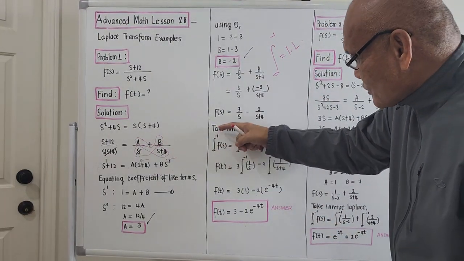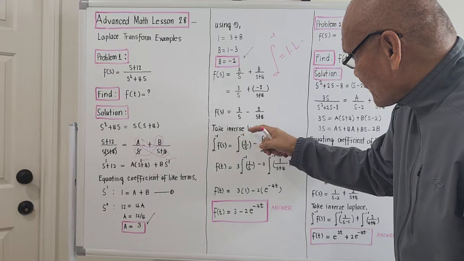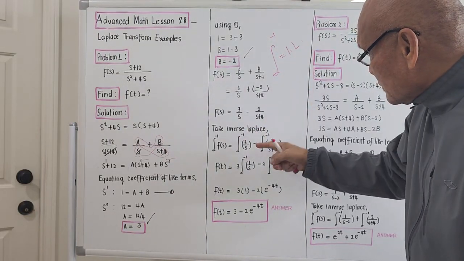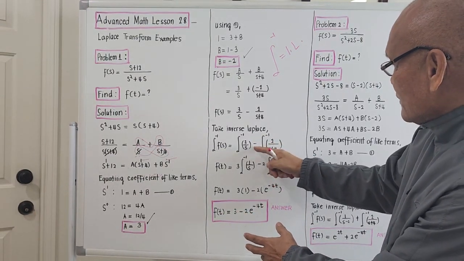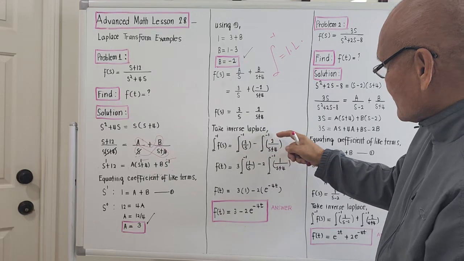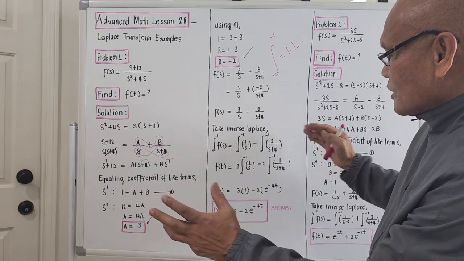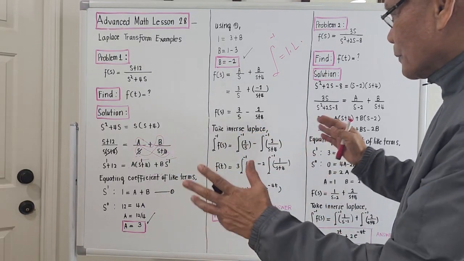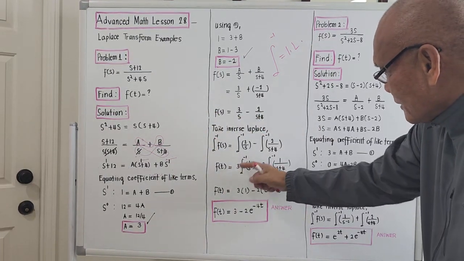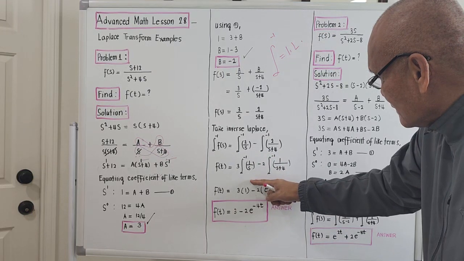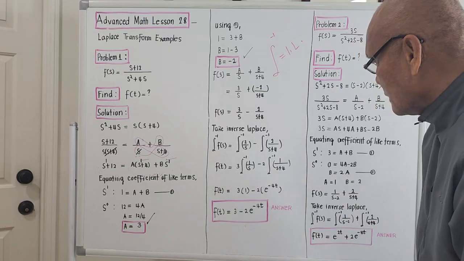So the inverse Laplace transform of small letter f as a function of S should be equal to the inverse Laplace transform of the first term, 3 over S, minus the inverse Laplace of the second term, which is 2 all over S plus 4. Just like in the integration and differentiation, all pure constant terms, we bring it out. Okay? So this can be written as 3 times the inverse Laplace of 1 over S, minus 2, I bring it out, 2 times the inverse Laplace of 1 over S plus 4.